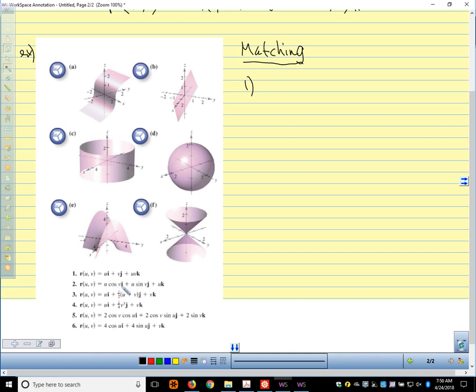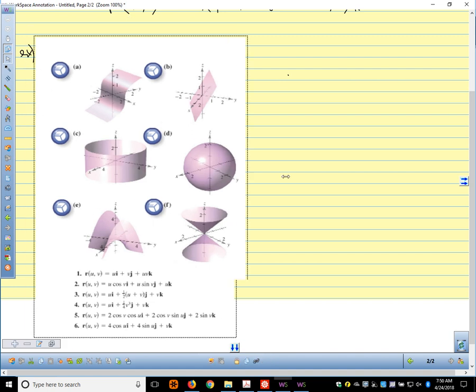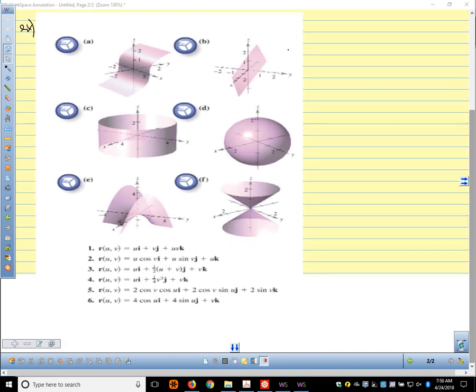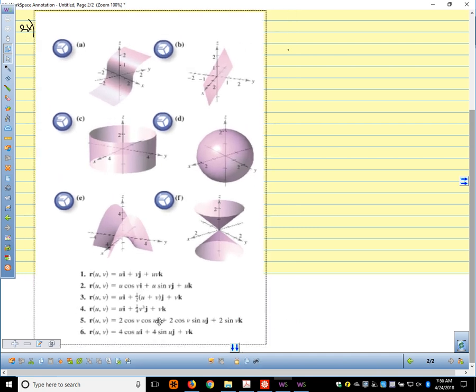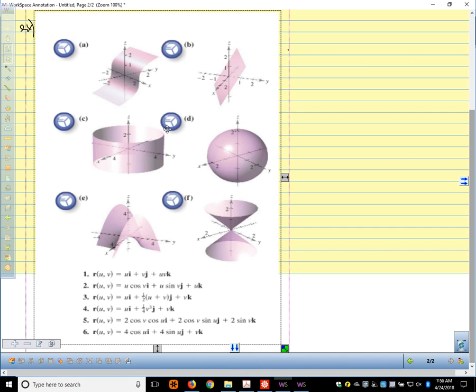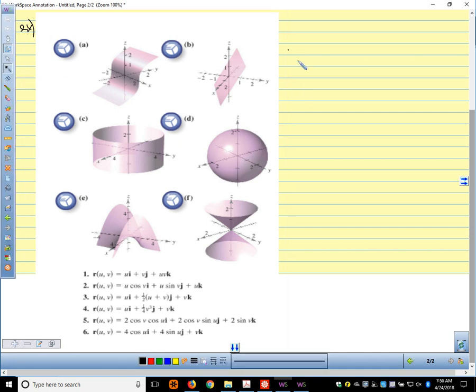So for number one, what we want to do is look for a relationship. This is u i hat plus v j hat plus u v k hat. Let me make it a little bigger so we can see the equations a little better.